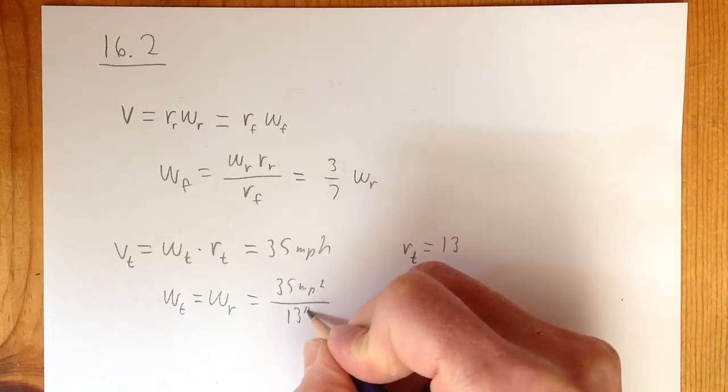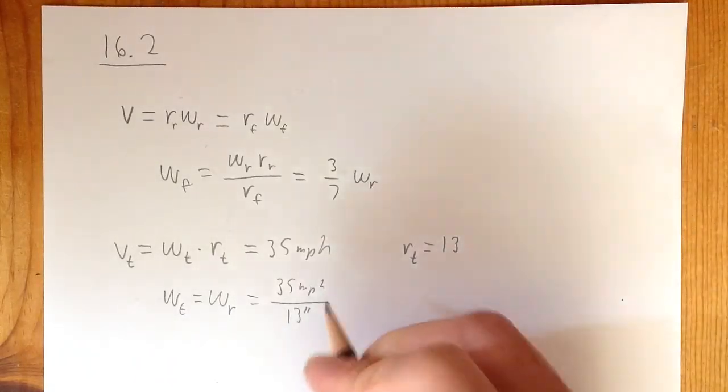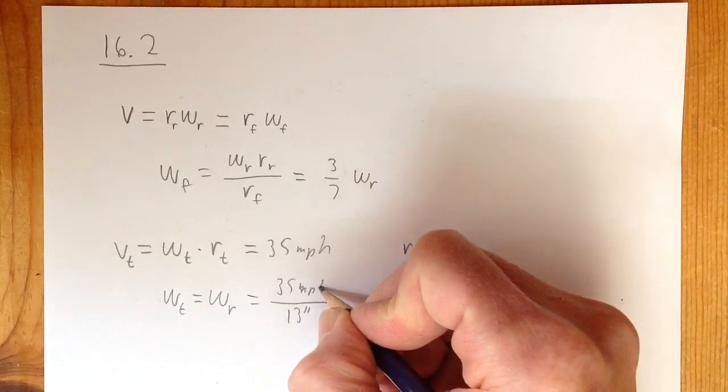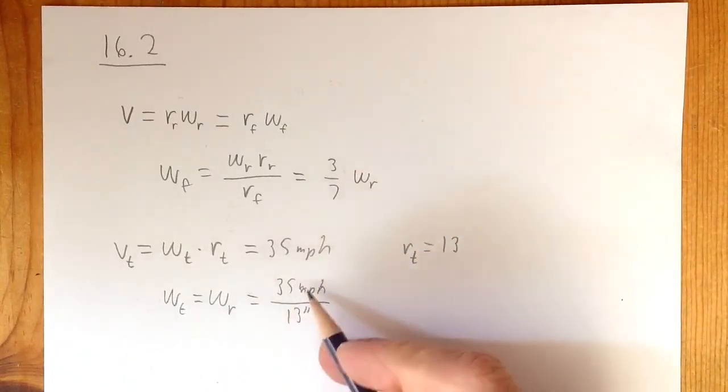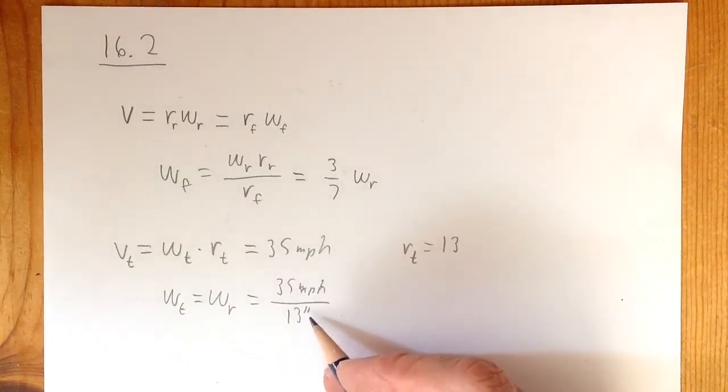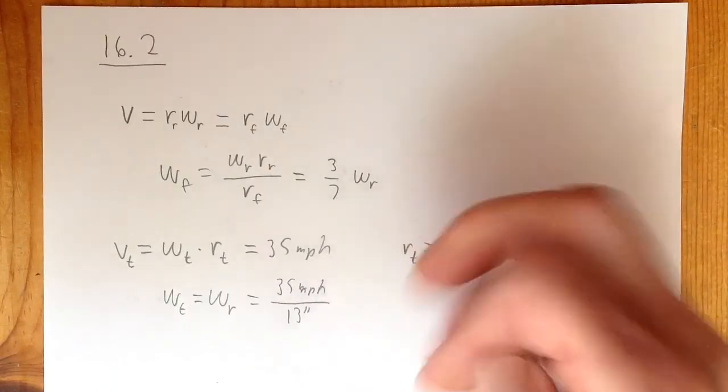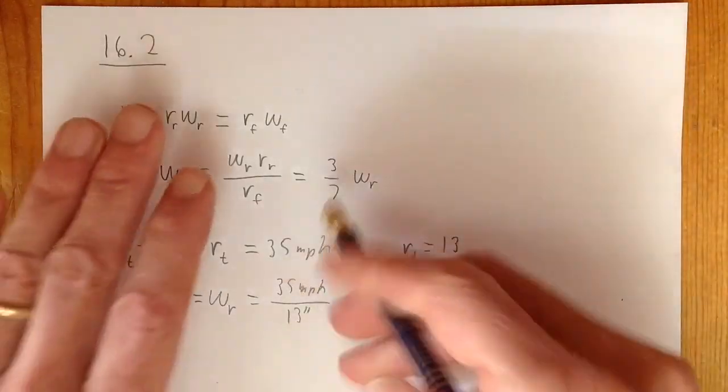Well, obviously we've got a units problem here. We want this to be in rotations per minute, circles per minute, not miles per hour per inch. So we've got to do a lot of conversions here.